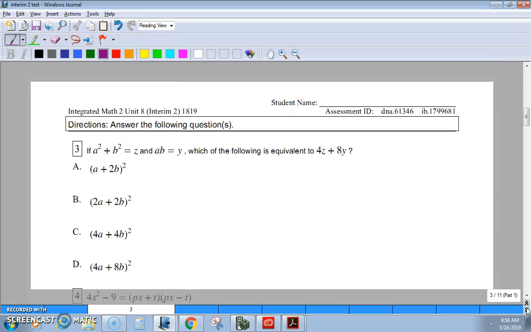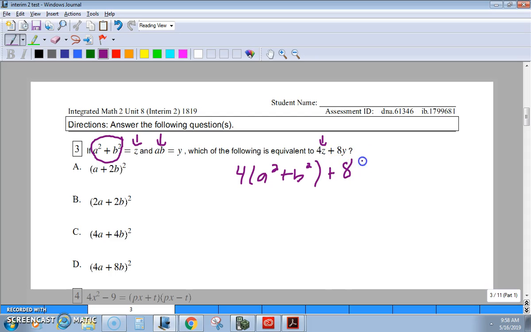Okay. All right, this one was tricky. The first thing we're going to do is substitute in a squared plus b squared for z and ab for y. So instead of 4 times z, I'm going to do 4 times a squared plus b squared.